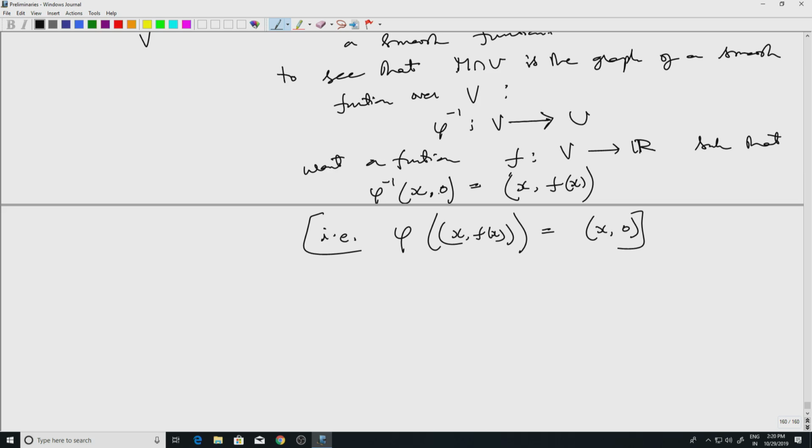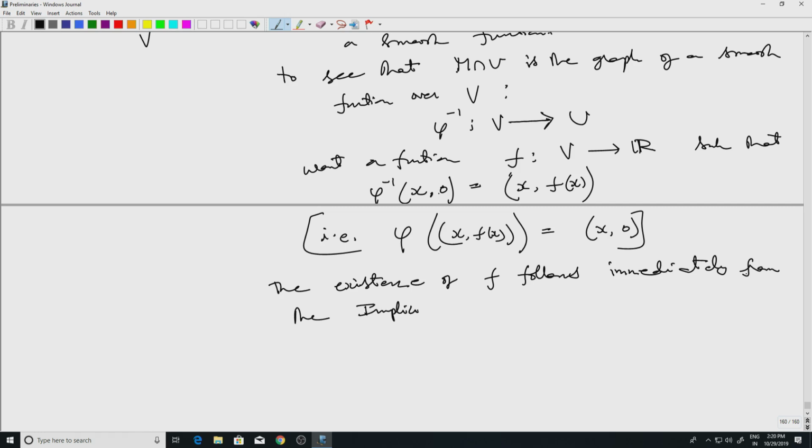I'll just briefly say that the existence of f follows immediately from the implicit function theorem, which is actually again a very quick consequence of the inverse function theorem.